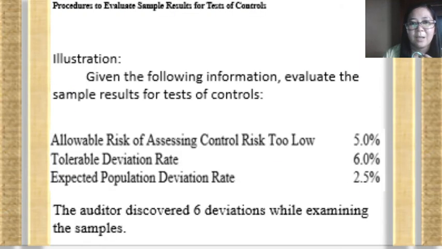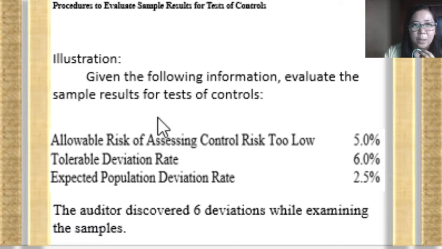Okay, so this is somewhat related. Actually, this is just the application of what we have discussed in the first part. So we have here an illustration for us to understand better how procedures to evaluate sample results for test of controls are performed.